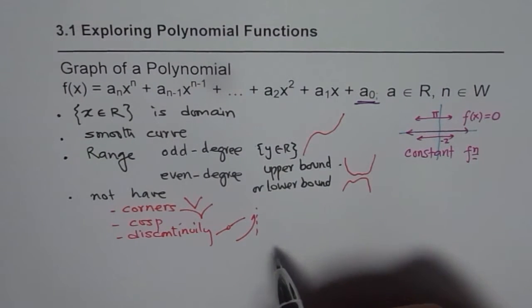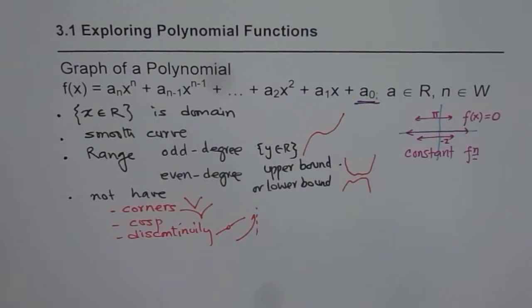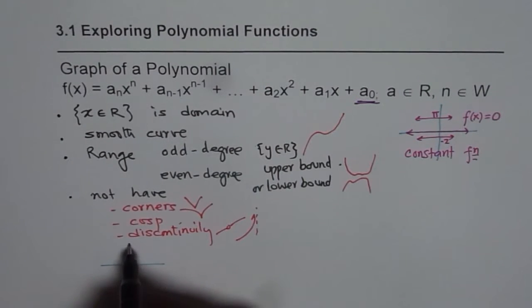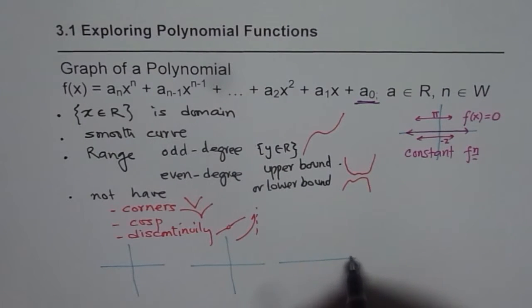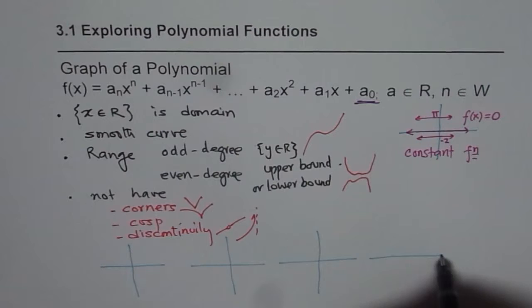So I think that should help you to understand the concept. I've already given you a graph of a constant function. Now let me sketch graphs of other kinds of functions. We'll just put them here at the end. That will give you a fairly good idea of how a polynomial should look.